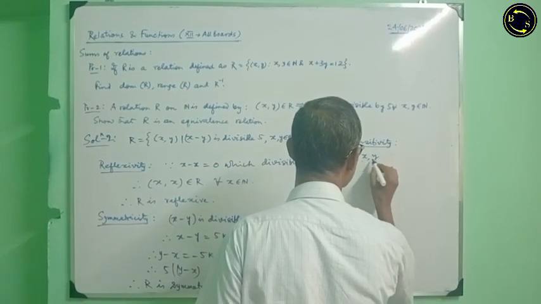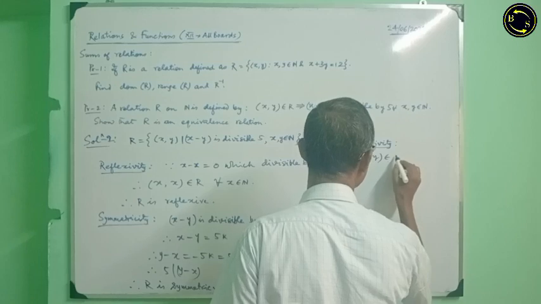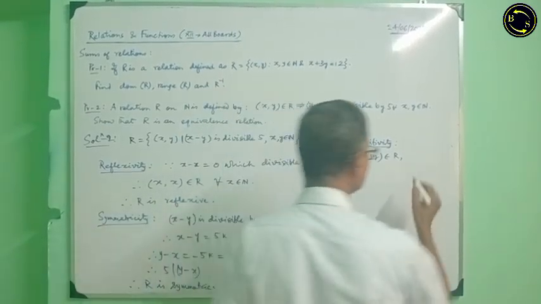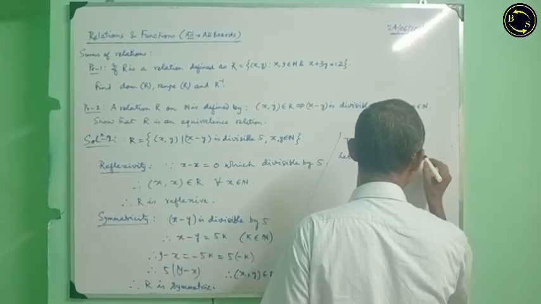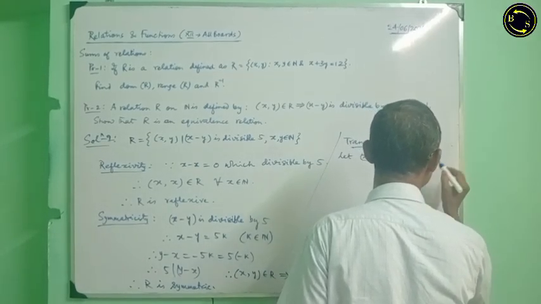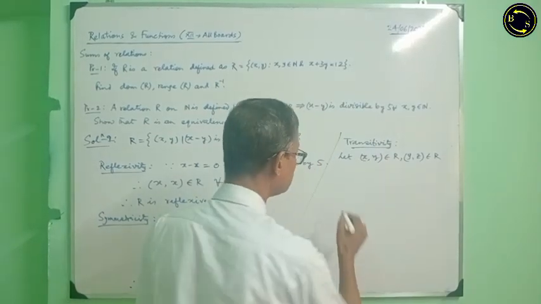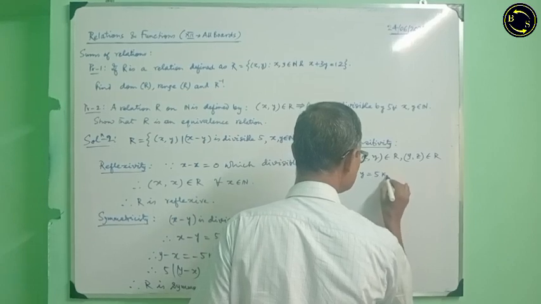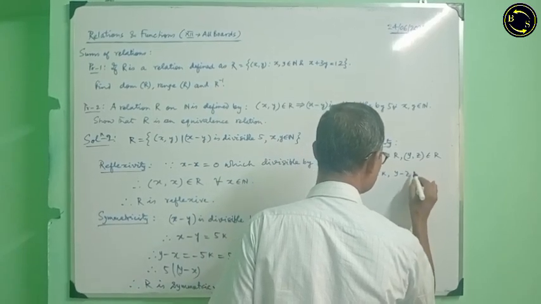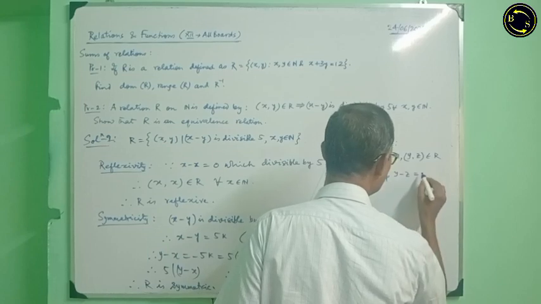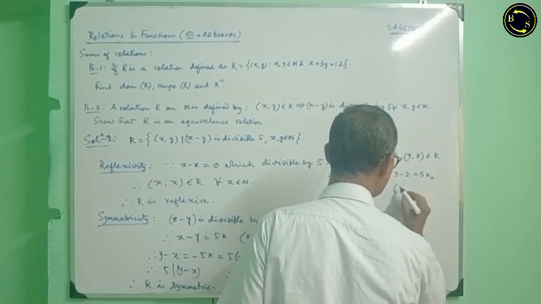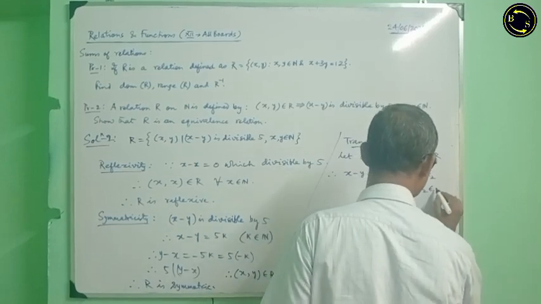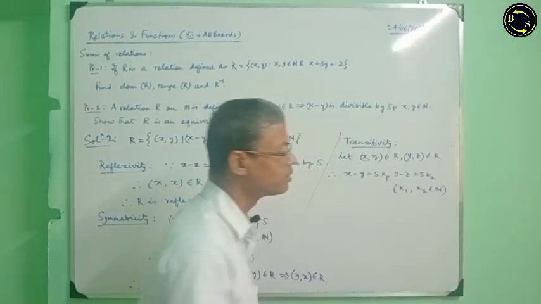Let (x, y) be a member of the relation R, (y, z) another member of R, so that x minus y equal to say 5k1, y minus z equal to 5k2, where k1, k2 are natural numbers.